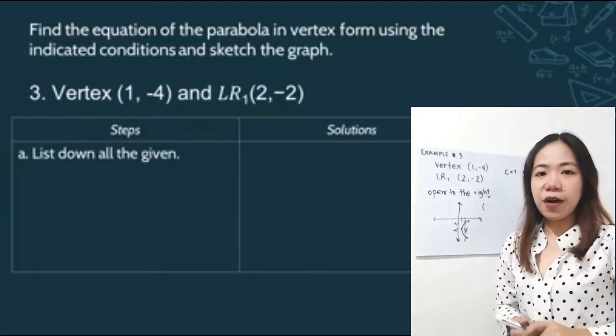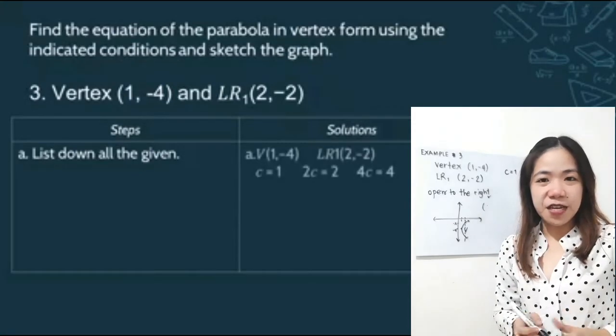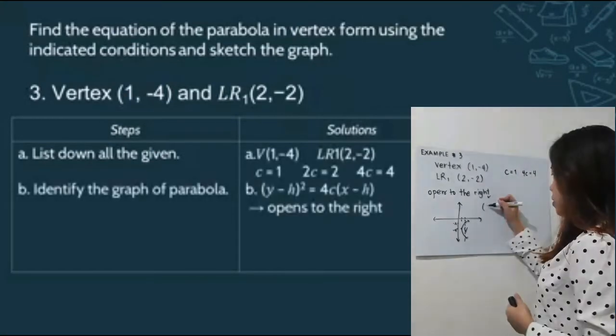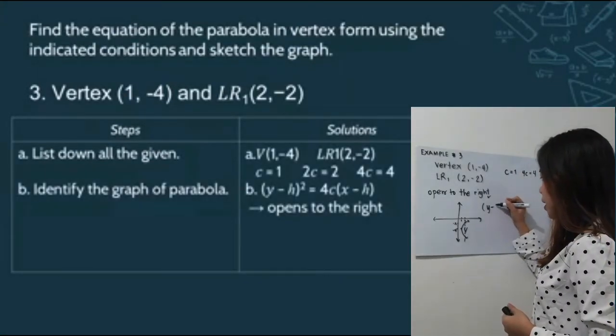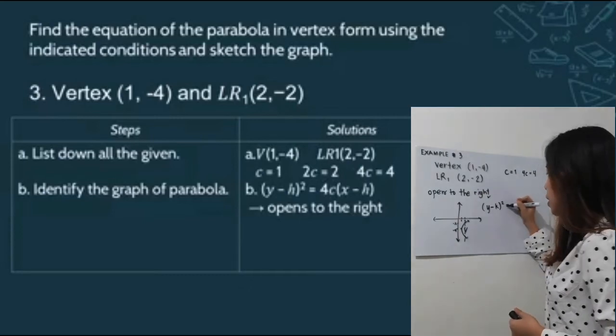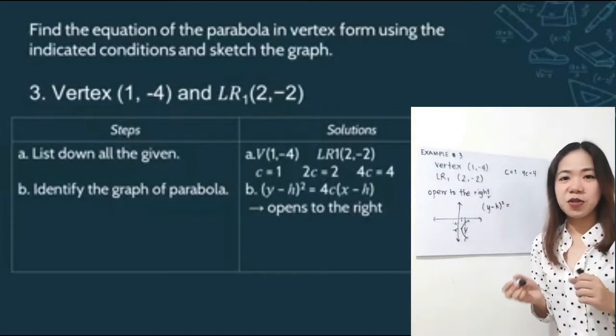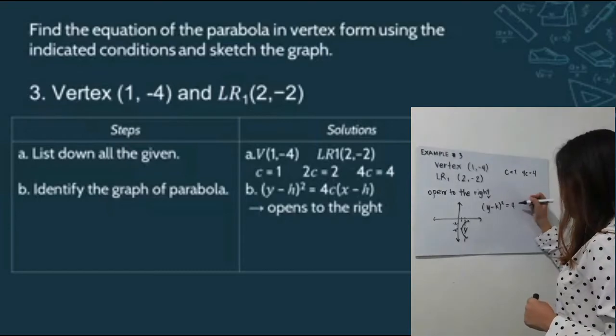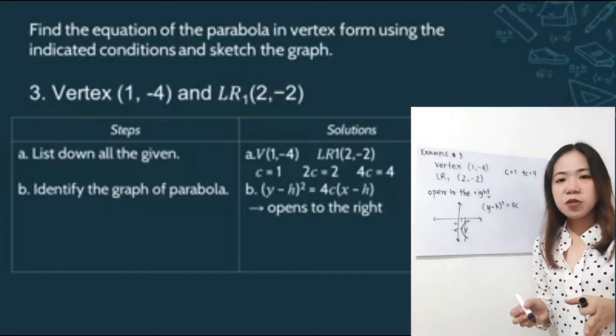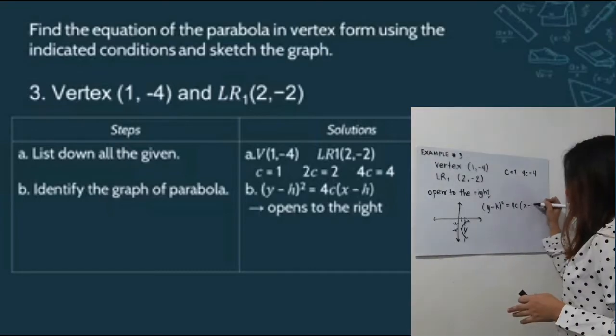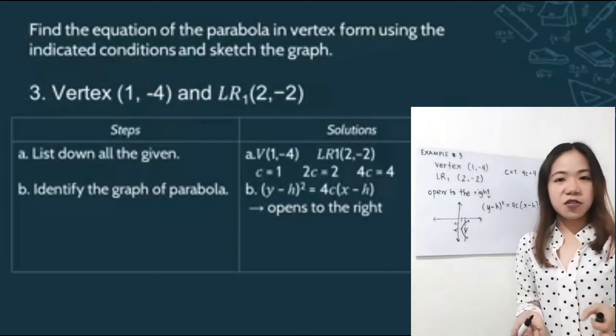Since it opens to the right, that's the opposite of left, we'll take the form the quantity of y minus k squared equals positive. The opposite of negative is positive. So 4c times the quantity of x minus h. And then just substitute.